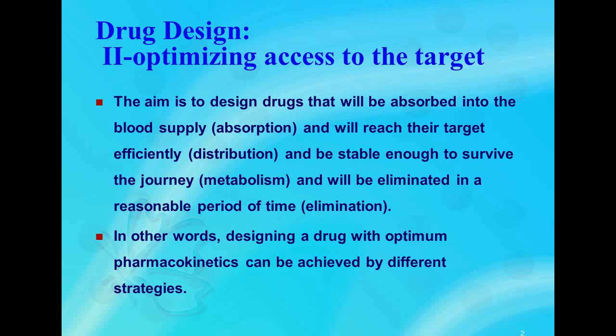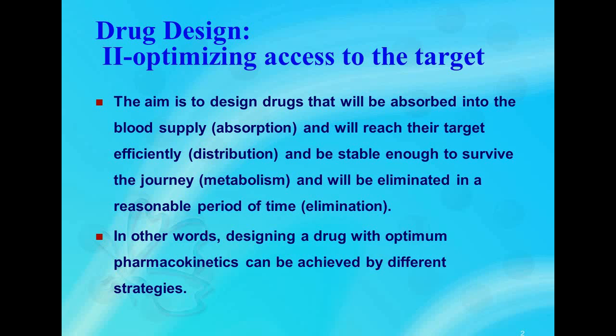Thus, the aim is to develop a drug that will be absorbed into the blood supply, reach its target efficiently, be stable enough to survive the journey, and be eliminated in a reasonable period of time.